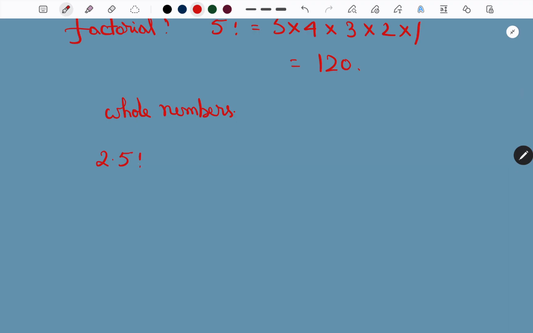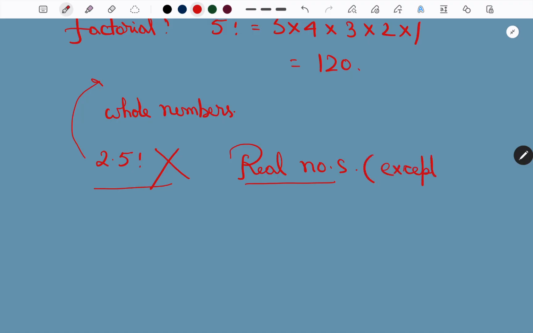Now, many of you would say it doesn't exist. But here the gamma function comes in. It generalizes factorials for all real numbers, except negative integers. Negative integers don't come into play here.